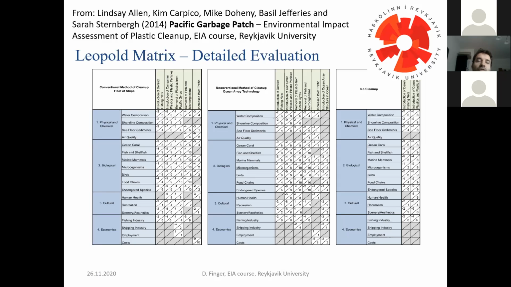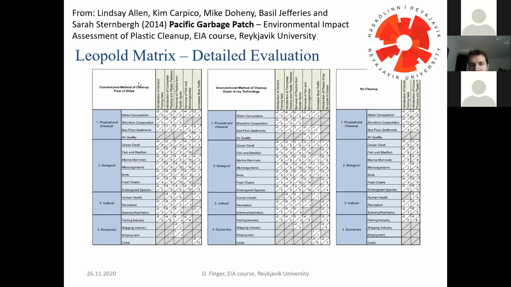They looked into how many boats are needed in order to drive out there, collect all the garbage, bring it to the land, and put it into landfills, and how much emissions are created. And then they created a Leopold matrix and weighted the impacts on the emissions and on the biology and on various different aspects, and came up with a report like this.